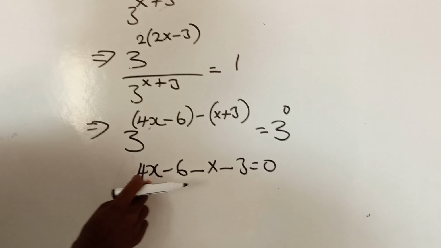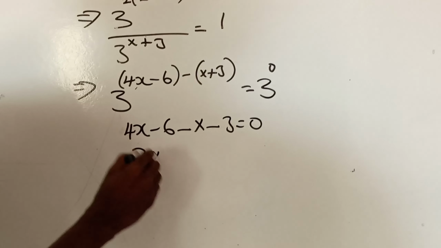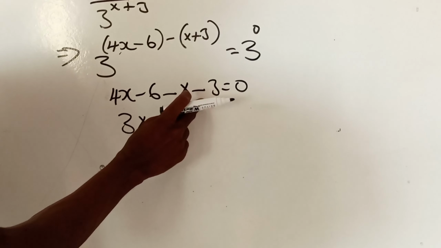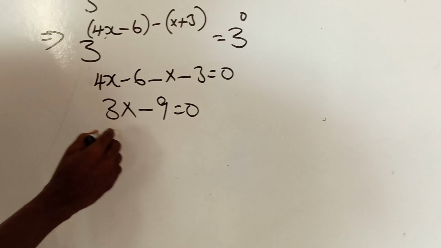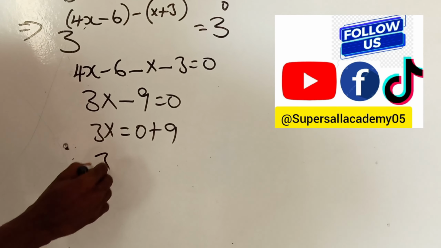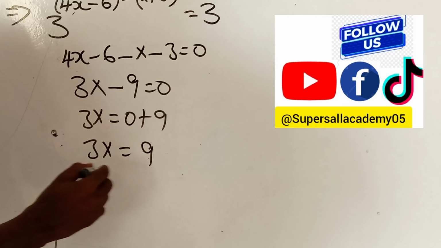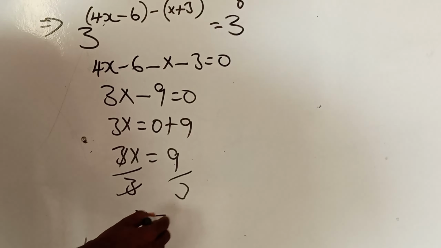So 4x minus x gives us 3x, minus 6 minus 3 is minus 9, equals 0. So 3x equals 0 plus 9. So 3x equals 9. Divide by 3. So x equals 3.